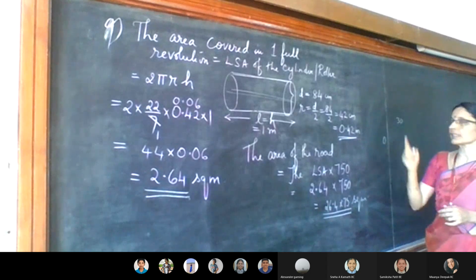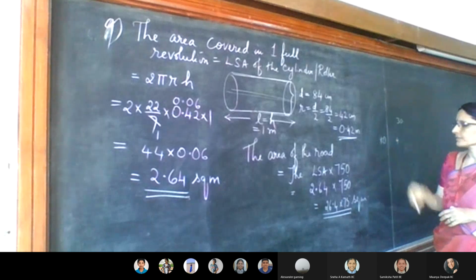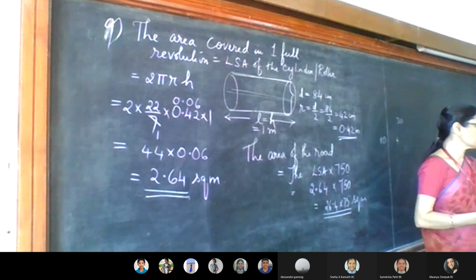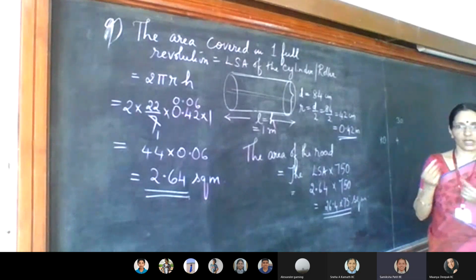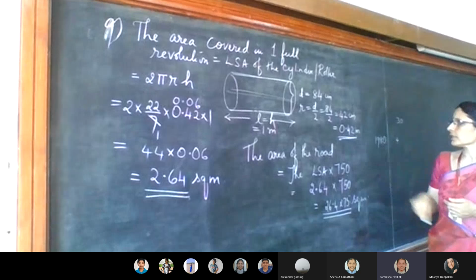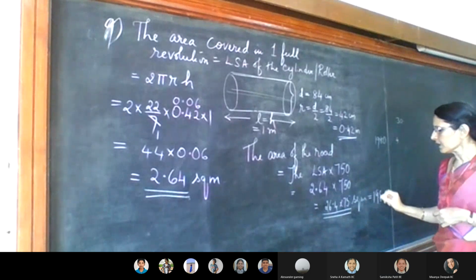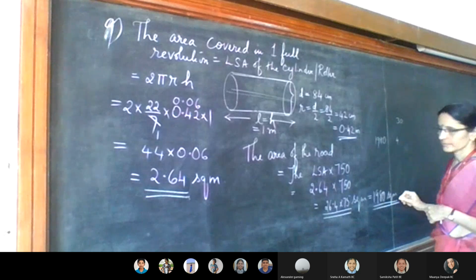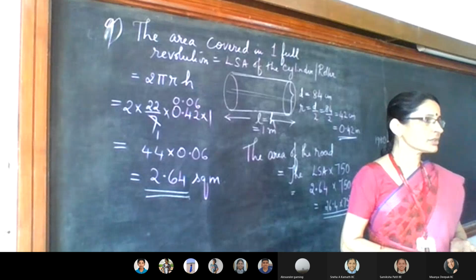So 450 plus 30, 480. So 8, 4. 150 plus 4 is 15, so 19. So it is 1980 square meter. How many are not clear about this? Understood? Okay.